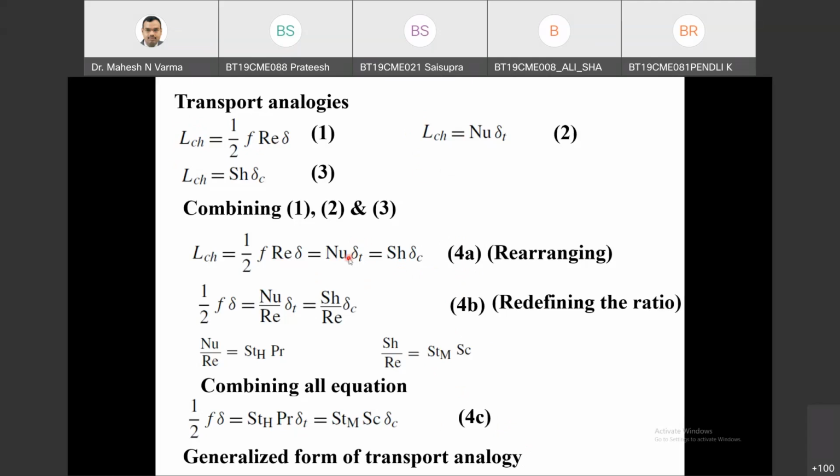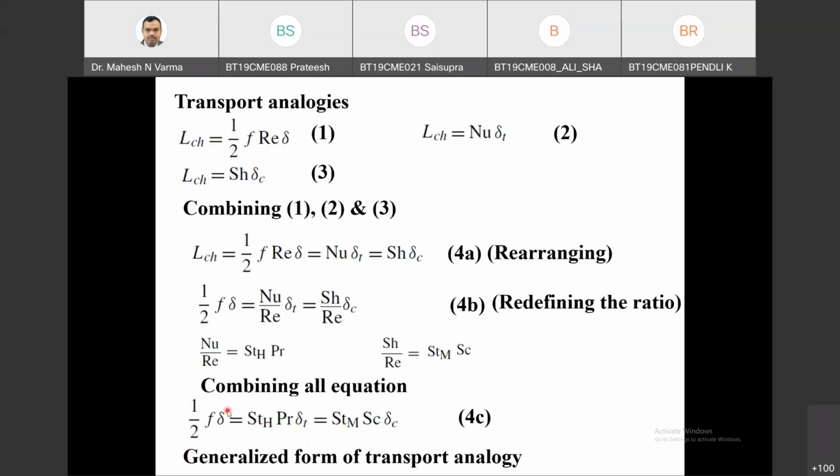People will derive this and then go for the analogy, or they can refer to some literature and directly use f by 2, delta, Stanton number for heat transfer, Prandtl number, delta T and delta.